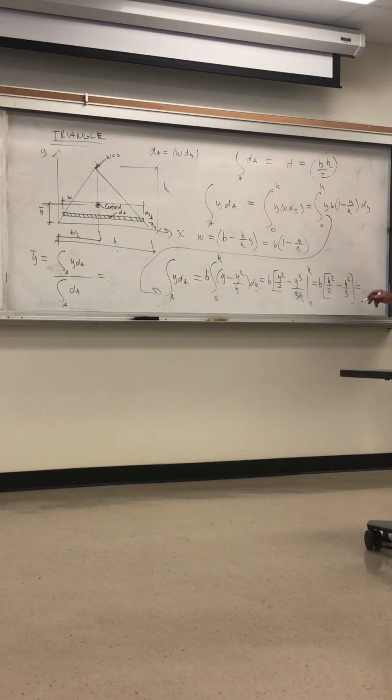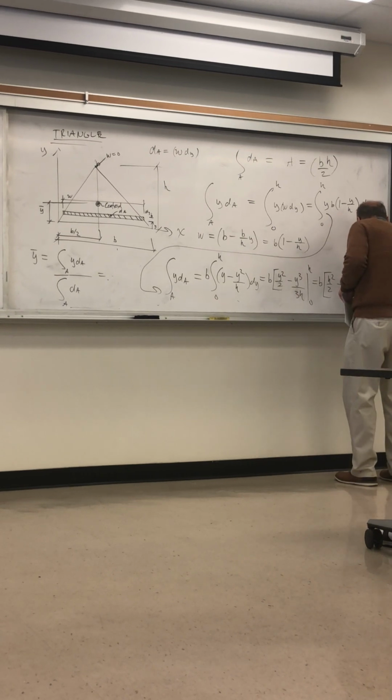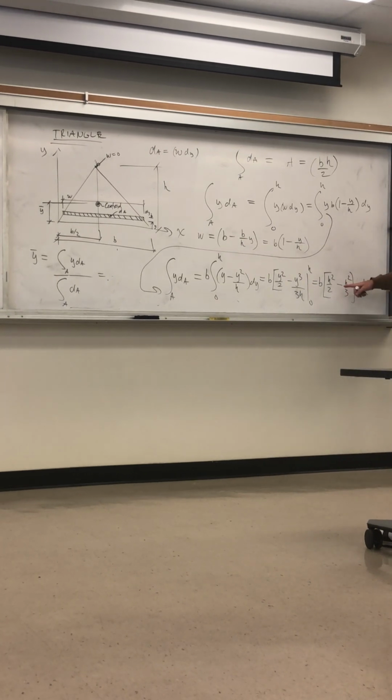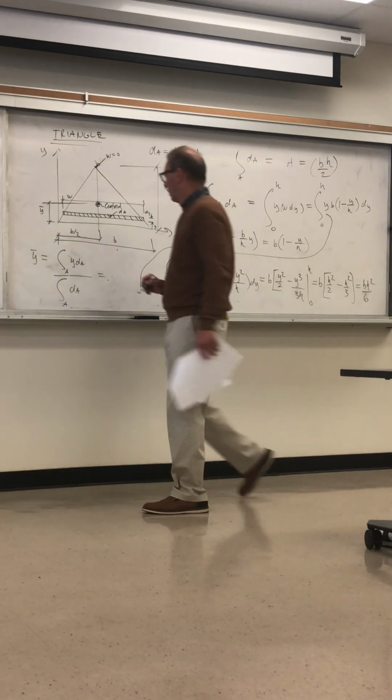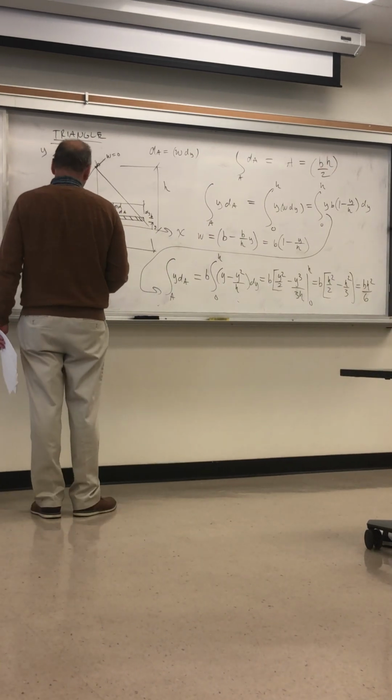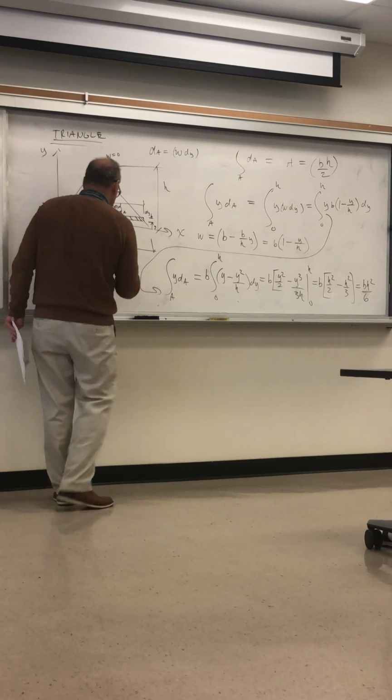So this is b h squared. This is 1/2 minus 1/3, so 3 minus 2 over 6, so over 6. So the top part we just found is b h squared over 6.